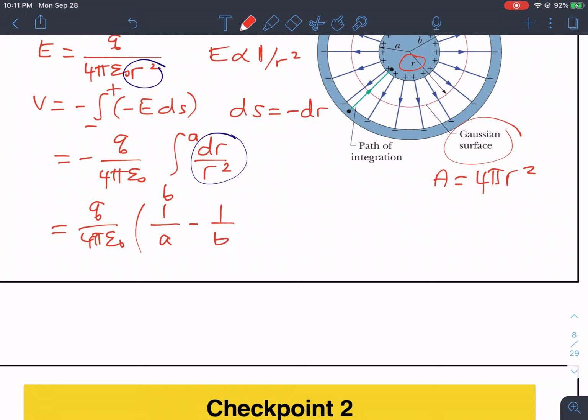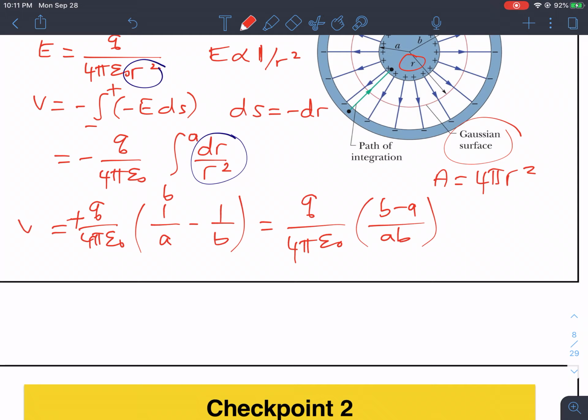There's also a negative sign that cancels out with the negative in front. If you make the denominators the same, you have Q over 4 pi epsilon naught times (b minus a) divided by a times b.